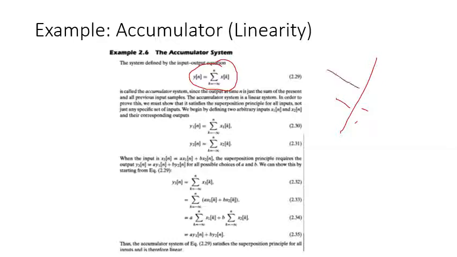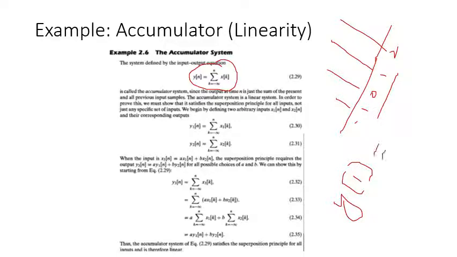-1, 0, 1, 2. If I say y[1], it means that I have to add from -1 to 1. So the limits will be k equal to minus infinity up to n.